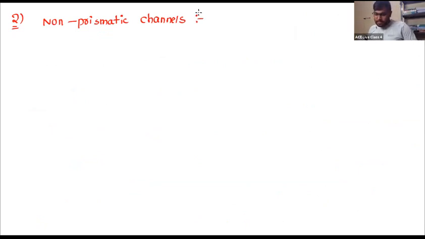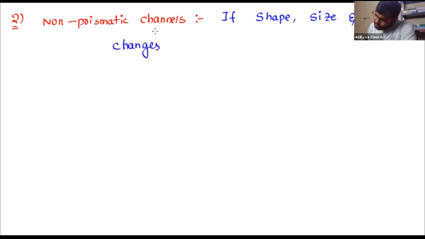What is a non-prismatic channel? Simply, if shape, size and slope change for a given channel, then we can call it a non-prismatic channel.